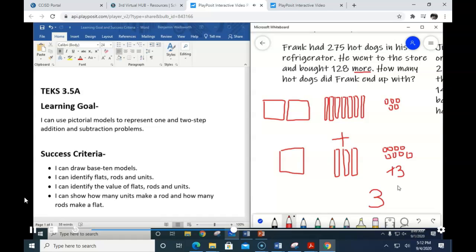Now we're going to add the rods. Same thing, we're just going to count them. 1, 2, 3, 4, 5, 6, 7, 8, 9, 10. Okay, so we have exactly 10.